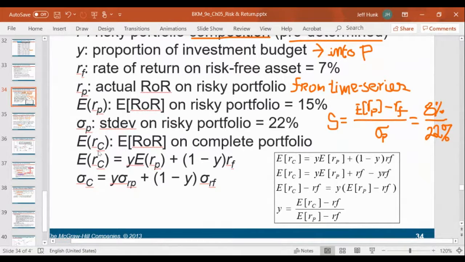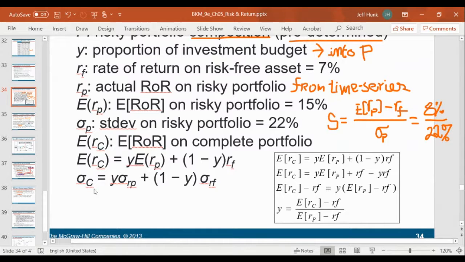And the expected return on the complete portfolio is the weight that goes into the risky portfolio times expected RP, plus 1 minus weight times RF, right?